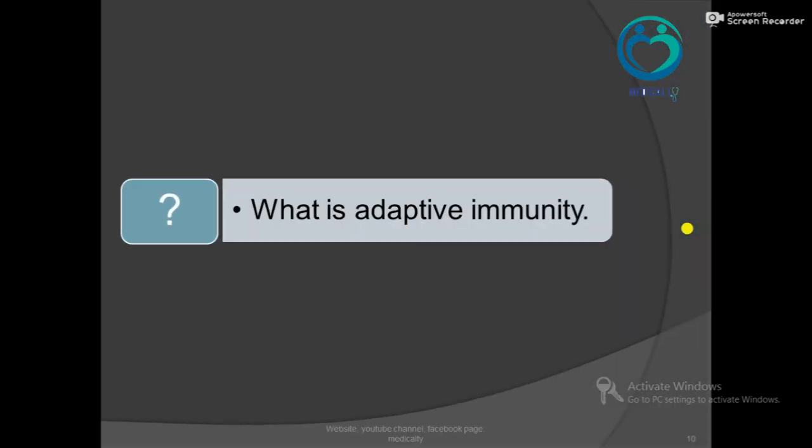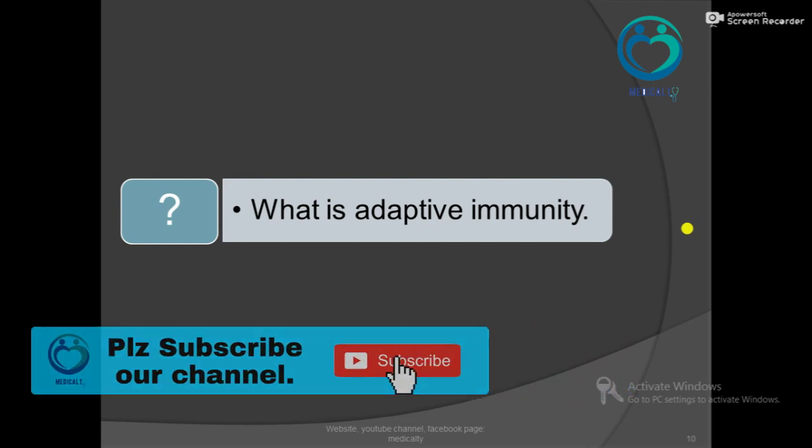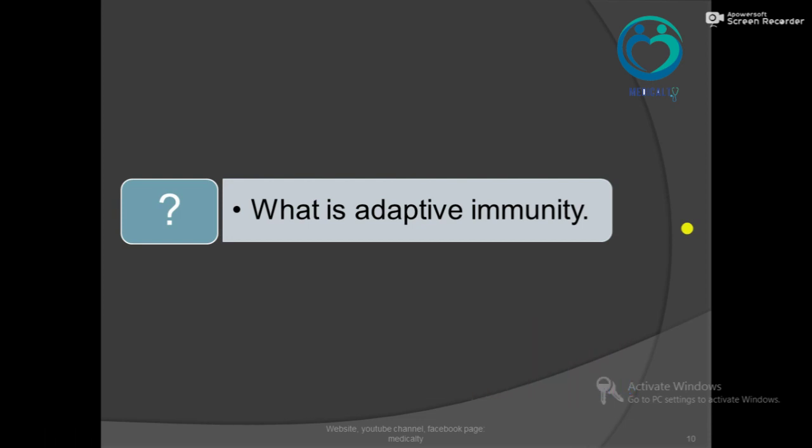What is adaptive immunity? Friends, adaptive immunity is a highly specific immunity. It is not present after birth. It activates after exposure to any microorganisms and takes action within days, not immediately.